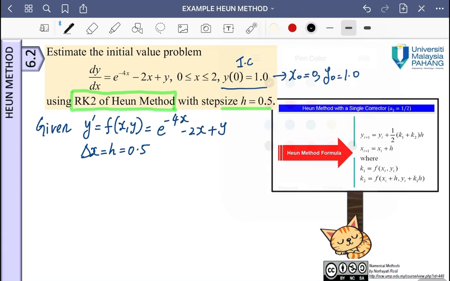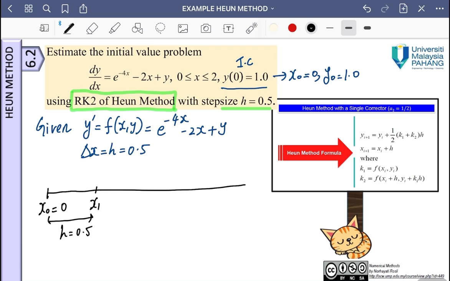If we draw our timeline, it gives us the idea of how many solutions we need to calculate. Here is your x0 equal to 0, and then your x1. This is your step size, h equal to 0.5. As we know, x1 is equal to x0 plus the step size, so 0 plus 0.5.